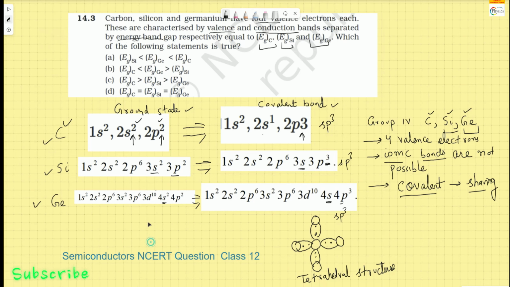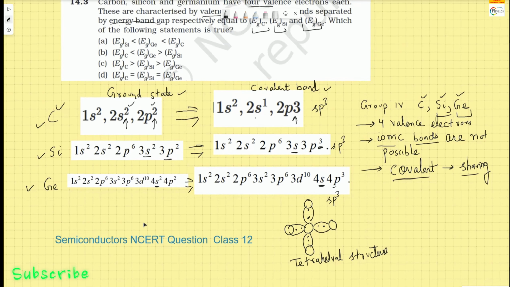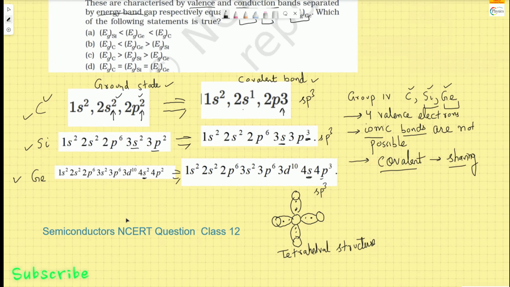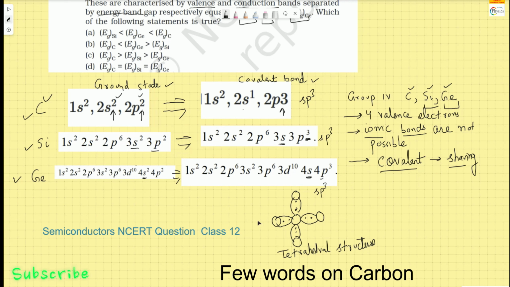Now, purely from the standpoint of energy band gap, carbon is not considered a semiconductor. This is something you must know.